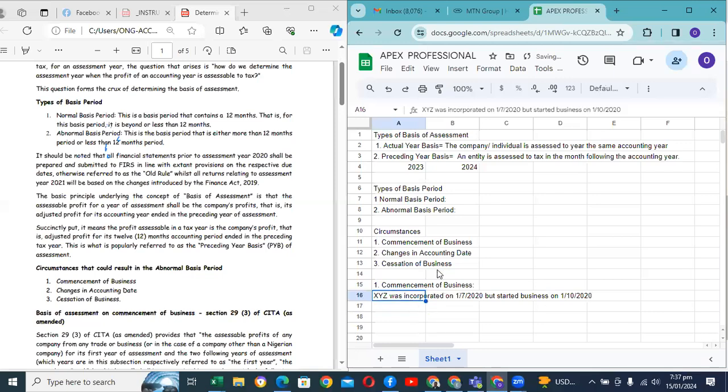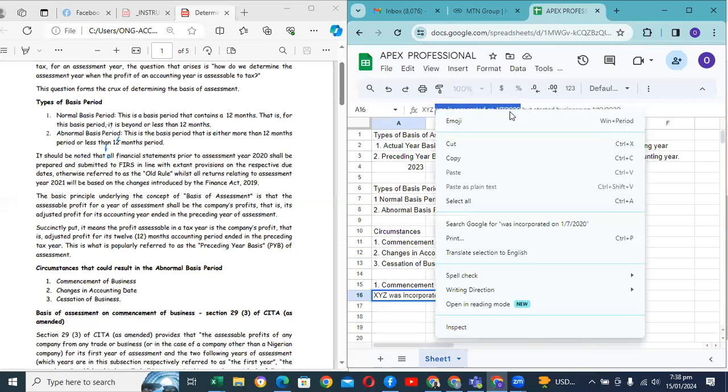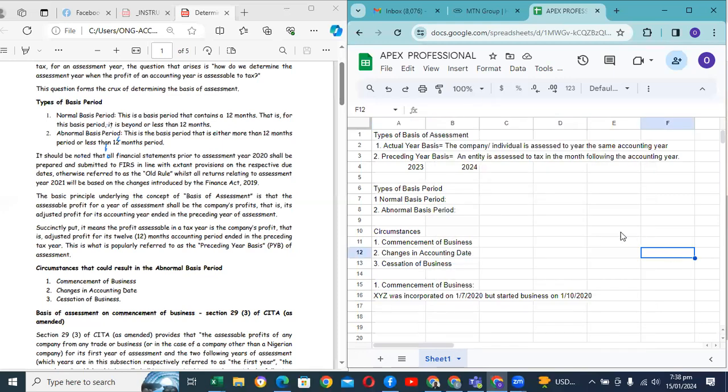Ladies and gentlemen, the date of incorporation is irrelevant. Are you with me, please? Yes, sir. Date of incorporation is irrelevant. What you are concerned about is when it starts business or when it commences operation. Is that clear, everyone?